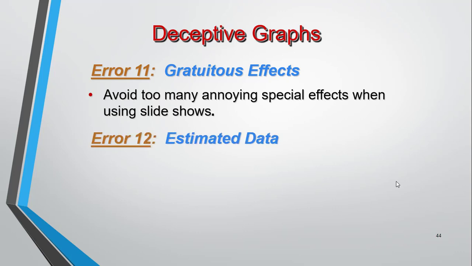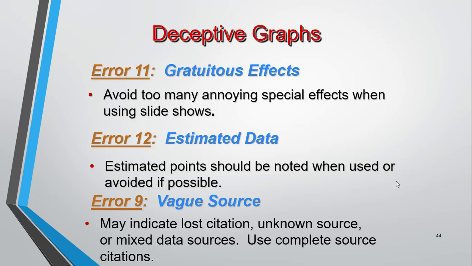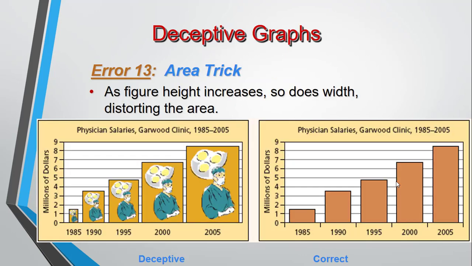Number 12, estimated data. Estimated data points should be noted when used, or avoided if possible. Vague source may indicate a lost citation, unknown source, or mixed data sources. You need to use complete source citations in your charts.